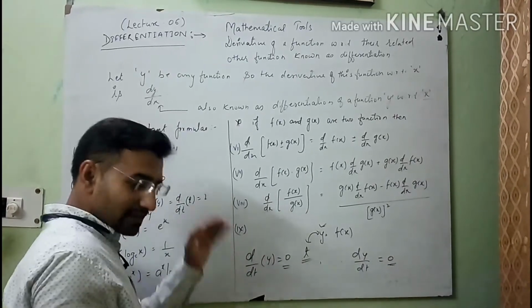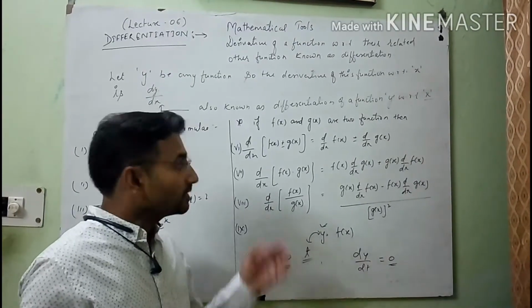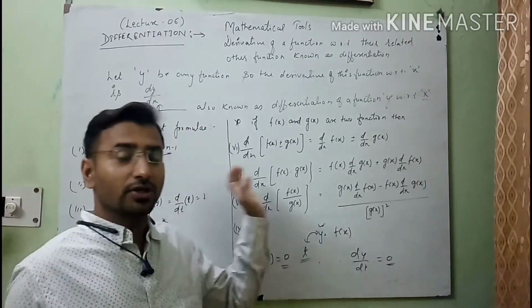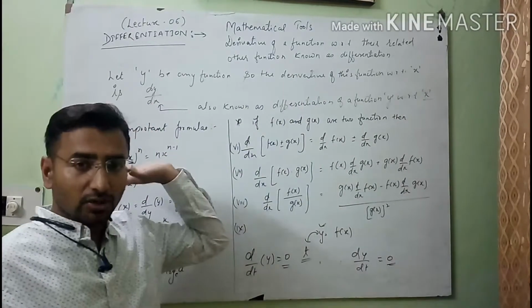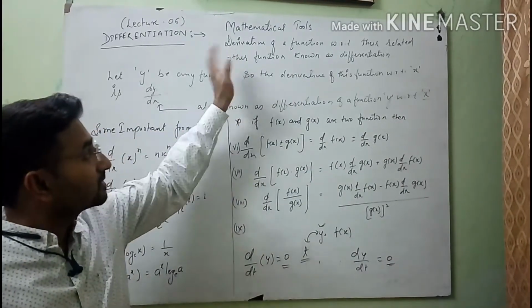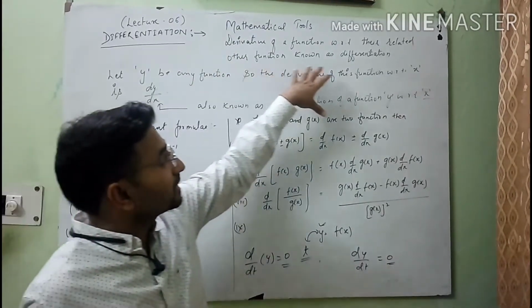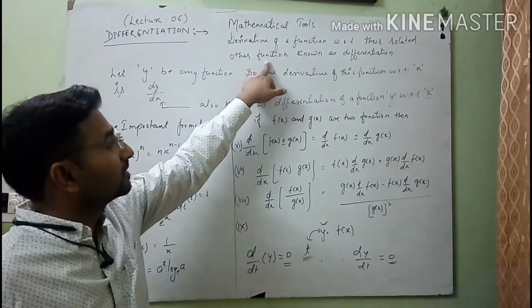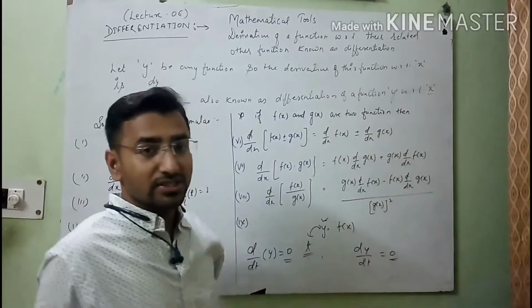So here we will discuss one by one how we will solve and how we understand some formulas which are very important for you, related to the differentiation topic. First definition: differentiation of a function with respect to its related other function is known as differentiation.